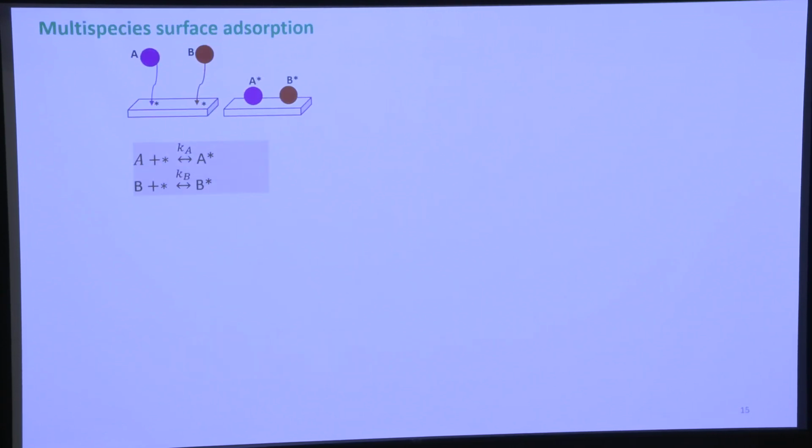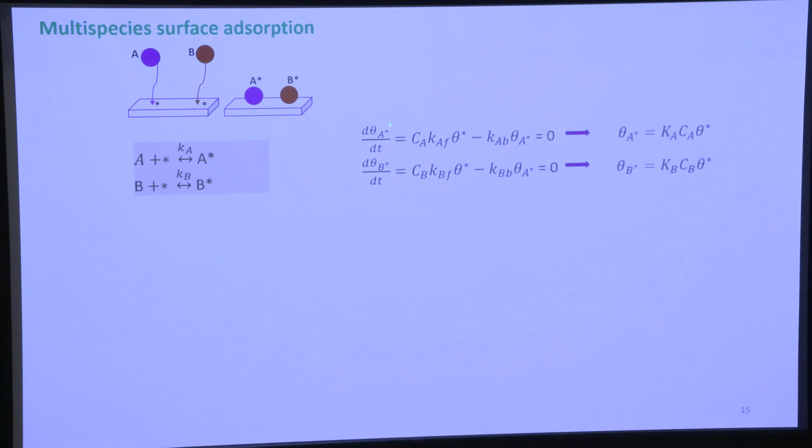The next thing that is important is multi-species, right? It's not just nitrogen, but also hydrogen. So let's say I have molecule A adsorbed on the surface, molecule B adsorbed on the surface, and then on the surface they may react together to form a new species called AB. In that way, you can write down each species using reactions, and you assume they are in quasi-steady state, which is normally true. Then you can write down that the surface open sites, A and B should sum to 1.